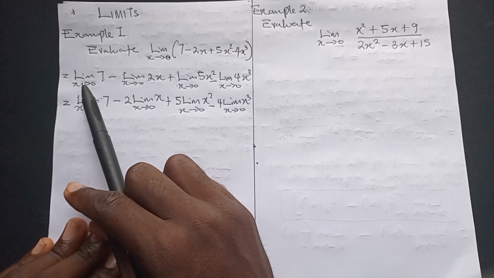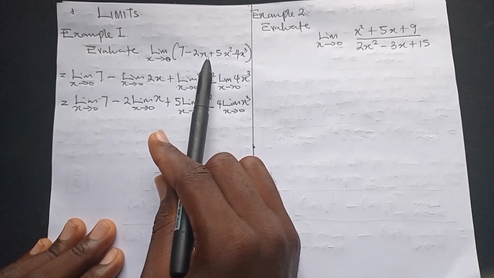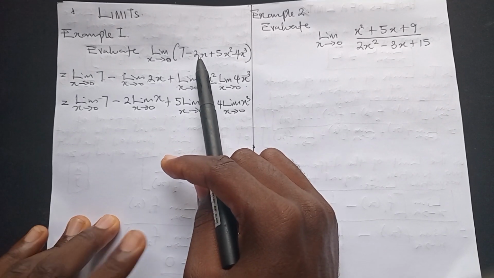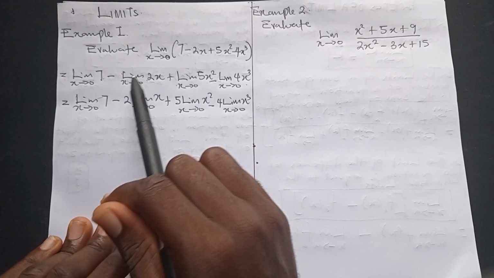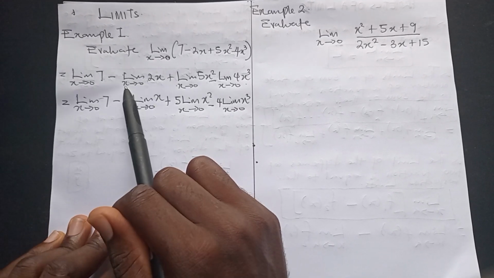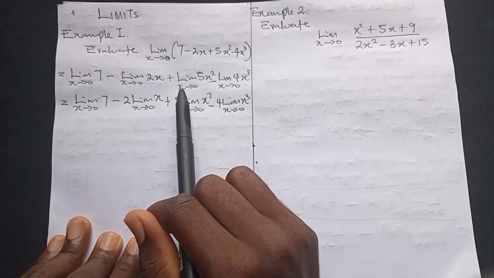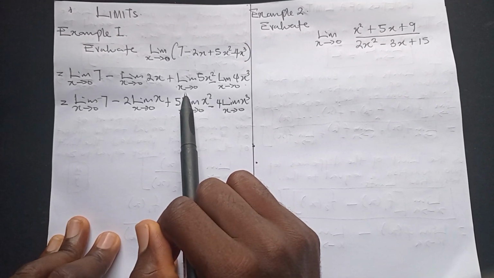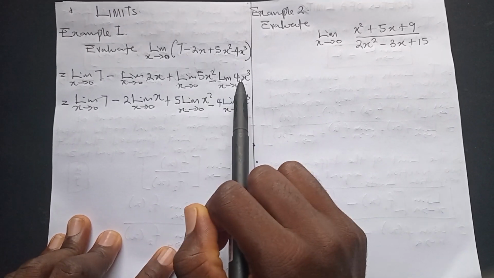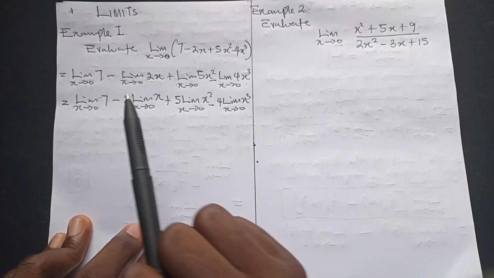So now we have lim 7 when x tends to 0. The next term inside there is minus 2x. So we have minus lim 2x when x tends to 0, plus lim 5x squared when x tends to 0, minus lim 4x cubed when x tends to 0.